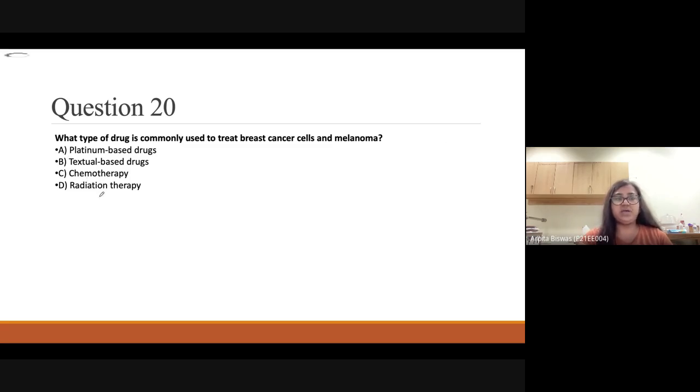And the fourth option is radiation therapy. The right option is platinum-based drug.